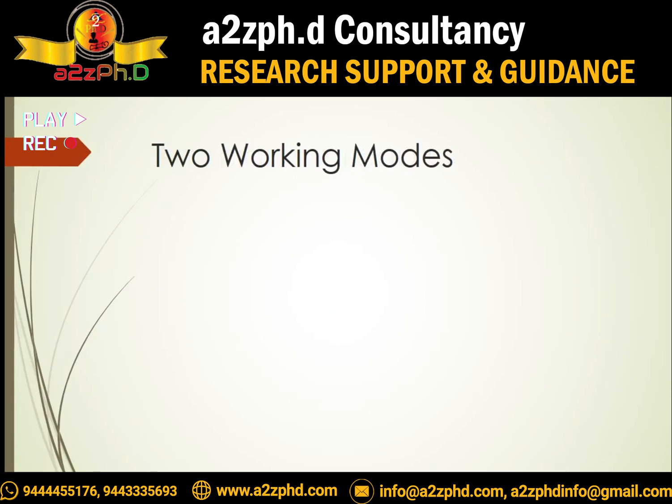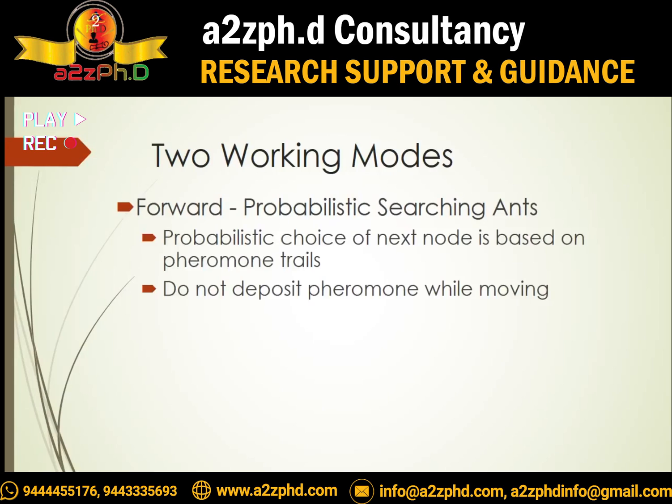So we can think of two working modes for our artificial ants. The first is this forward searching ant. And so once it's on a node, it'll probabilistically choose the next node, and it'll do that based on the amount of pheromone on the next node. While it's moving in the forward direction towards its goal, it is not depositing pheromone.